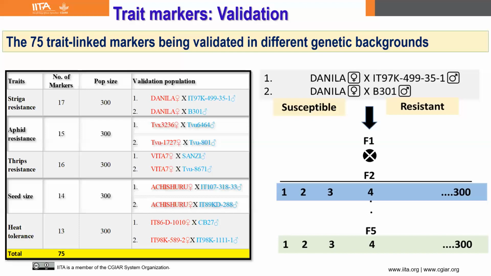And so we started the process of validating those markers. So we created different populations with different genetic backgrounds from the populations that were used for mapping.